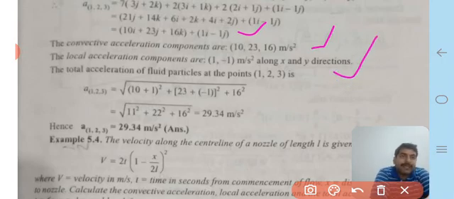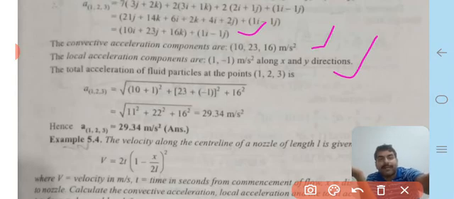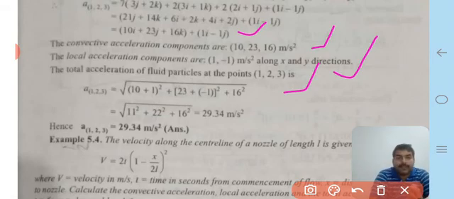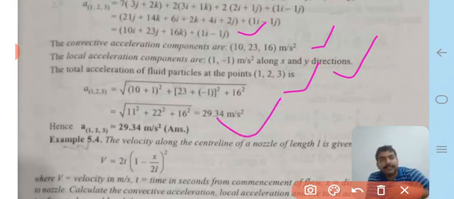Okay, therefore the total acceleration of the fluid particles at the point (1, 2, 3), which is asked in the question, is equal to, putting in all the values, the square root of (10 plus 1) whole square plus (23 plus minus 1) whole square plus 16 whole square, which are the convective and temporal or local acceleration components. Solving this and taking the square root, we get 29.34 meter per second square.